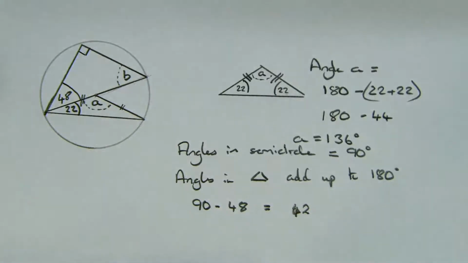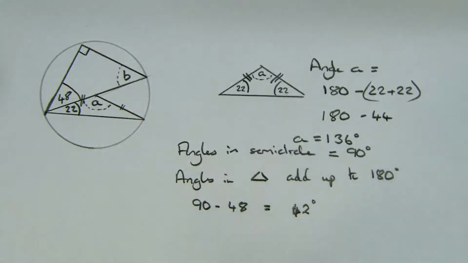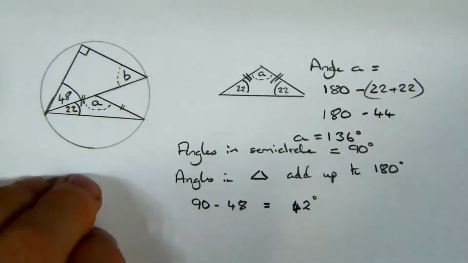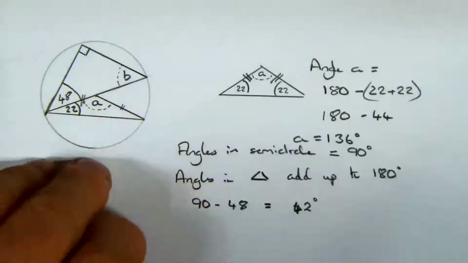Right, 42 then. There we are. There's three little ones that we've gone and had a look at. Let's look at something a little bit nastier.